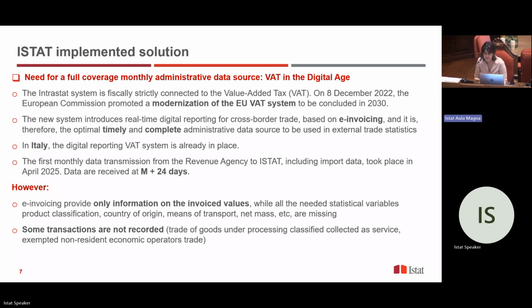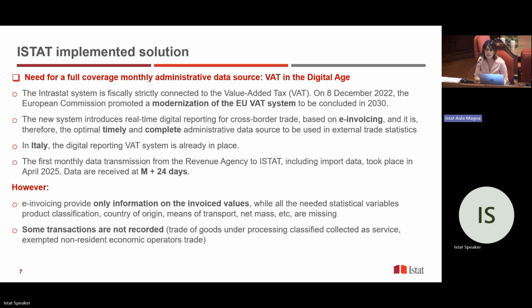So such fiscal data are even more timely than Intrastat data, and they are complete, but of course they fulfill a fiscal scope, so only invoice value can be used. We don't have anything about product code, country of origin, means of transport, net mass, all statistical variables are missing.